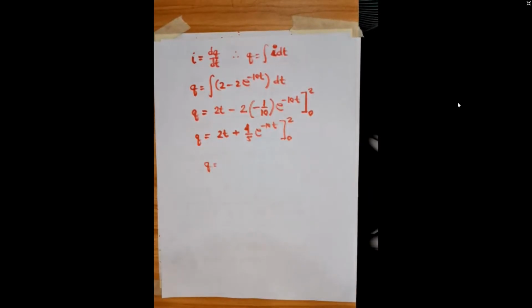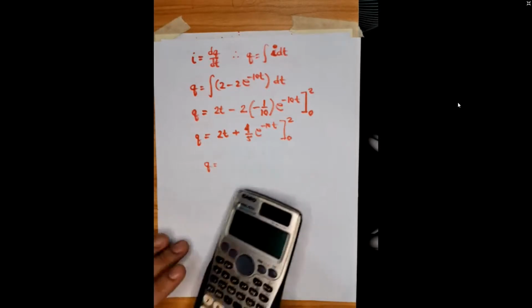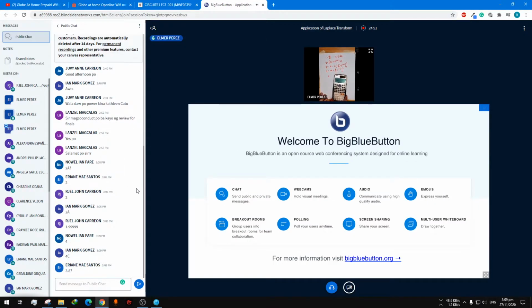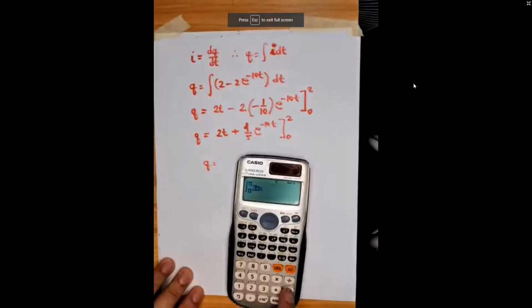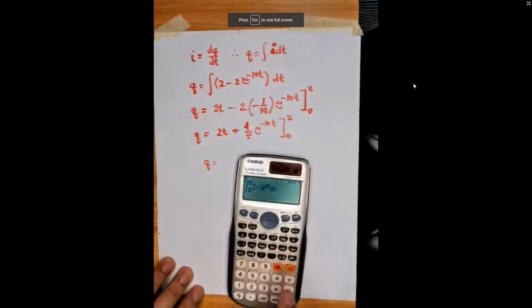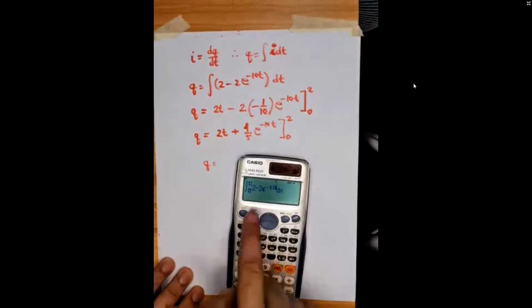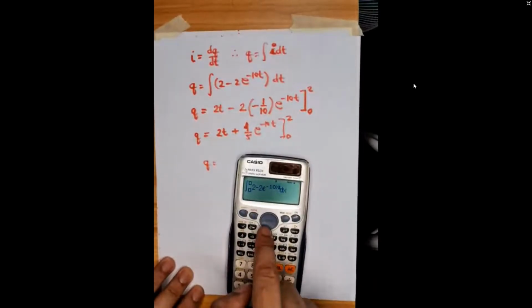Pwedeng ika-calculator ko na lang din. Integral of 2 minus 2 e raised to negative 10t from 0 to 2. Kinalculator mo ba, Arian?